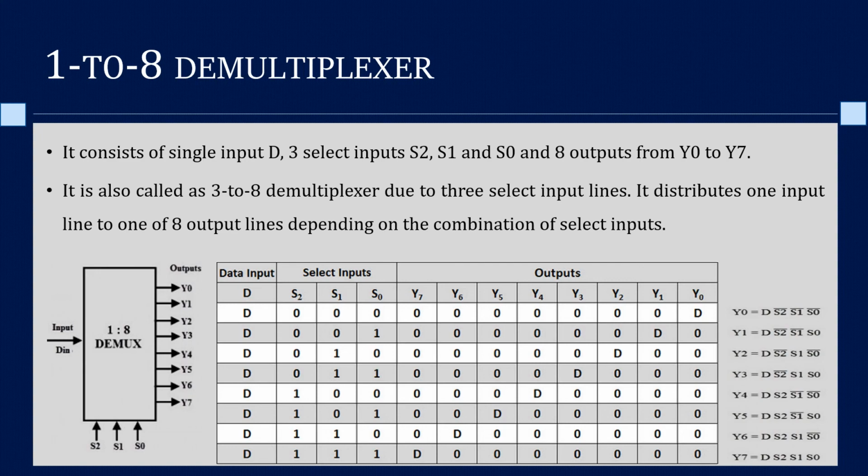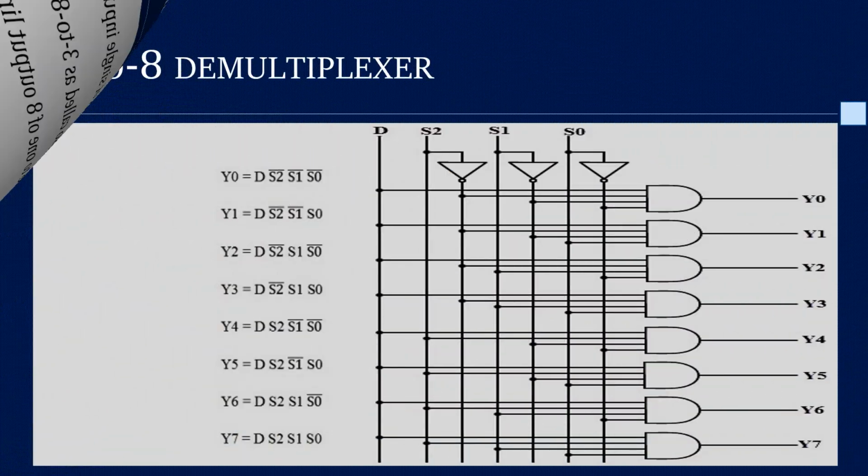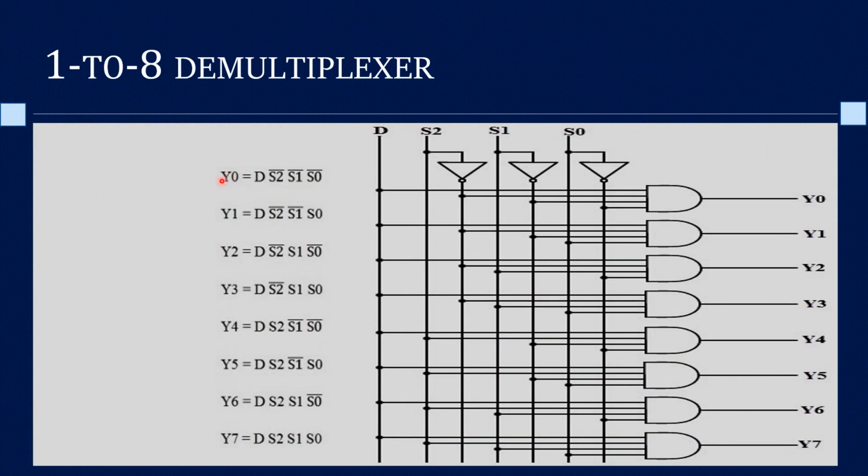Now that we know the Boolean expressions for all the 8 output lines, let's draw the corresponding logic diagram. We need 8 AND gates to implement these minterms, to generate the output lines Y0 to Y7. That's the case of the 1 to 8 demultiplexer.